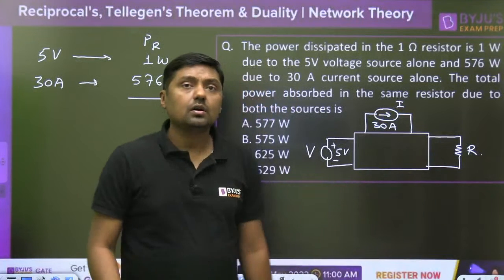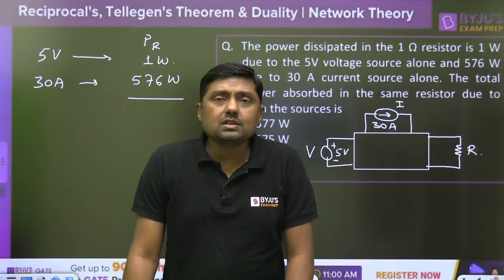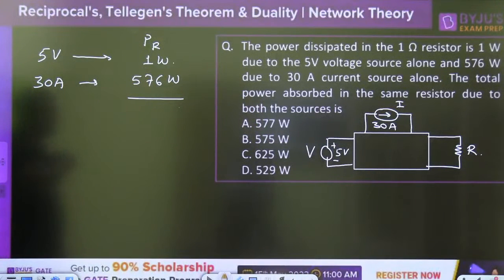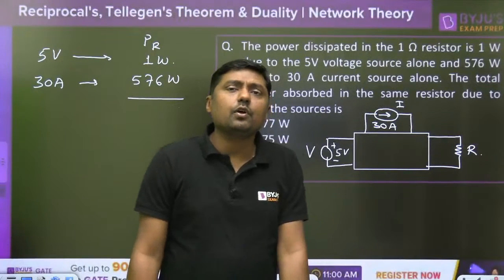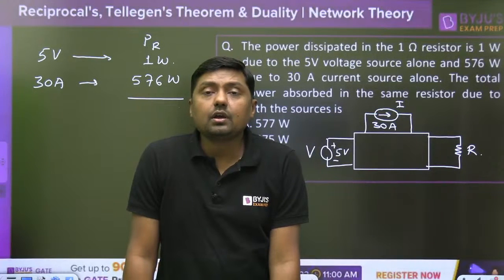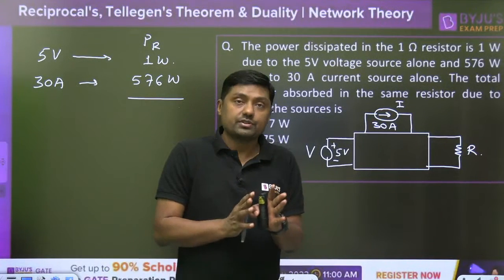Then what will be the power? Okay. Now give me the answer in the comments box, everyone. If you are giving 576 plus 1 watt, 577. In the previous class, in the superposition theorem, I already gave you the idea that we can't apply the superposition theorem for power calculation.